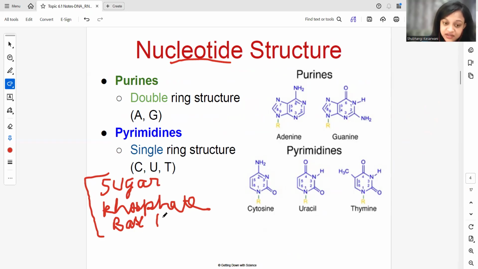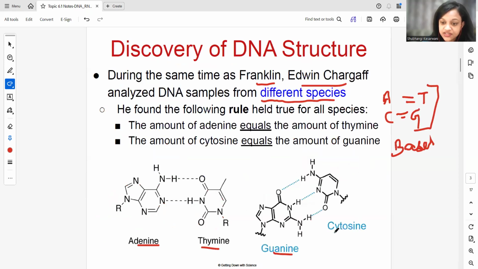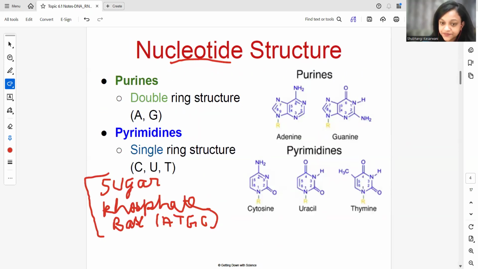What are bases? Here A, T, G, and C. Just now we have discussed. See all these four structures A, T, G, C. So bases are the letters, as you can see. A, T, G, C. So as you can see, nucleotides are made up of purines and pyrimidines.